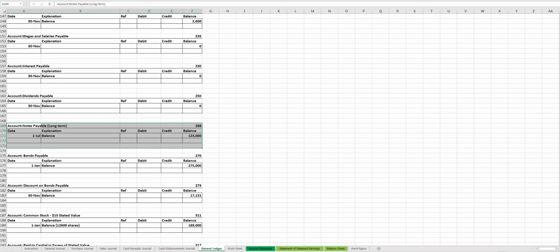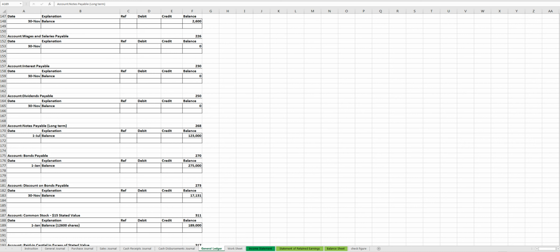The balance as of July 1st is $123,000, and I don't think we have any change in this balance. We don't have any transactions associated with long-term notes payable. So by the end of the year, we should have a similar balance, and then we're going to calculate 7% of that.